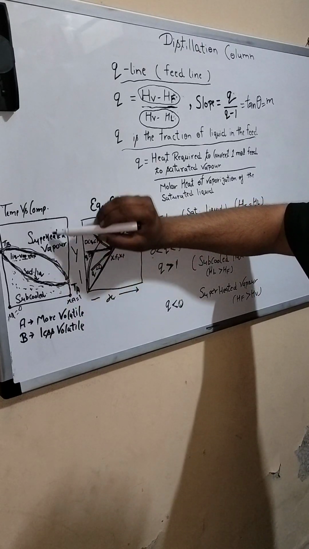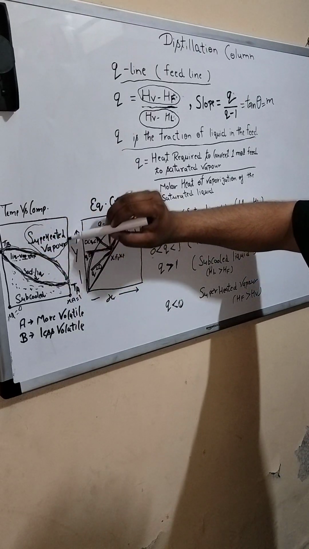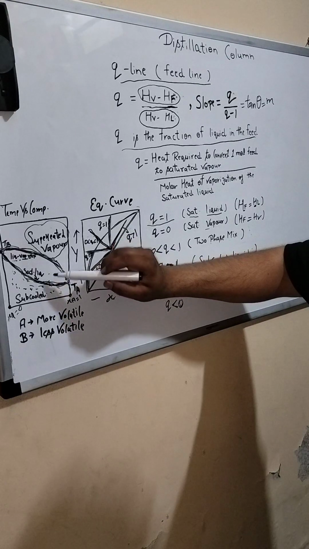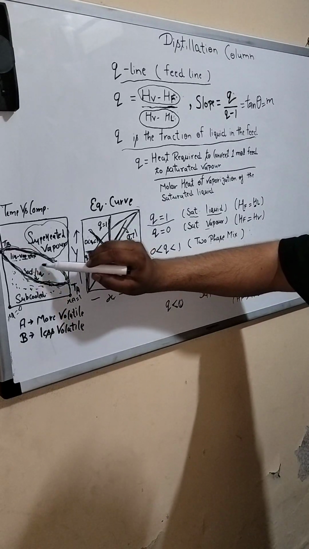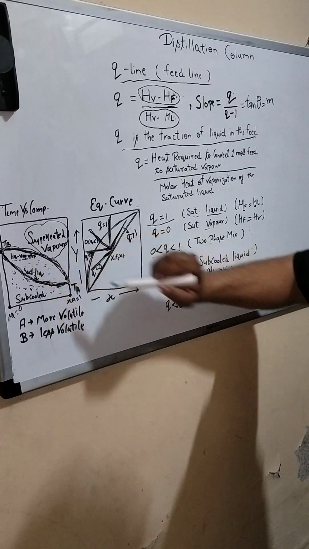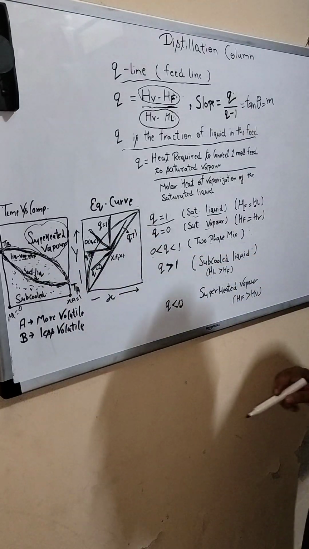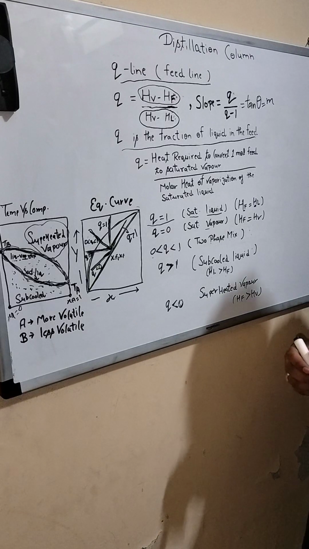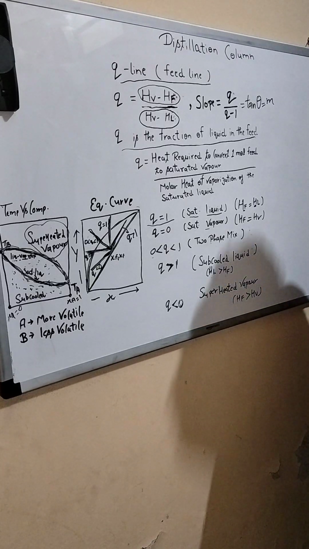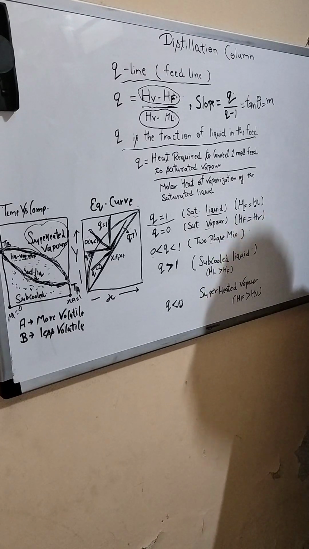Above this curve, it is superheated vapor, and between these two curves a liquid and vapor mixture exists. Hope now it is clear to all of you, the Q line and the Q line equation.